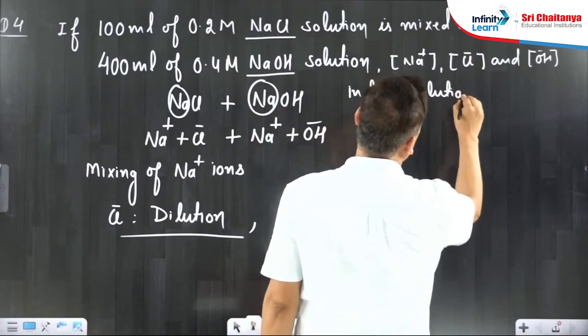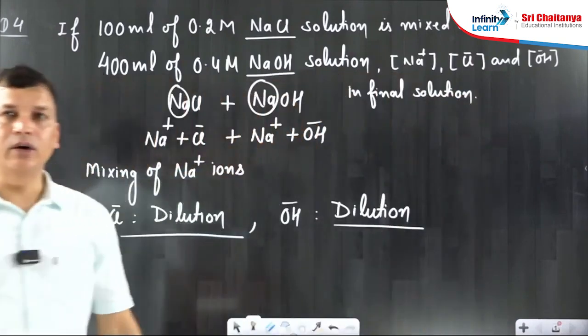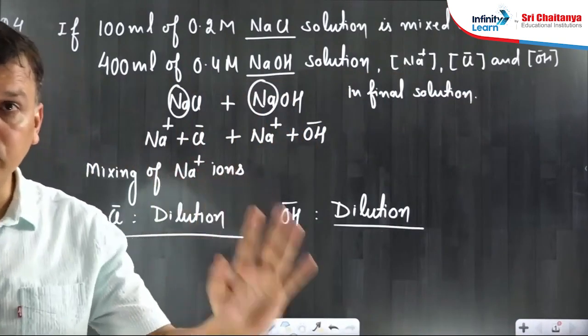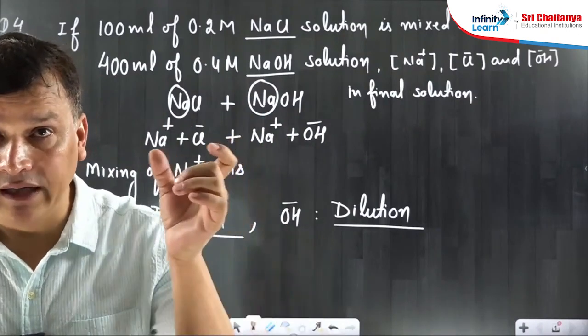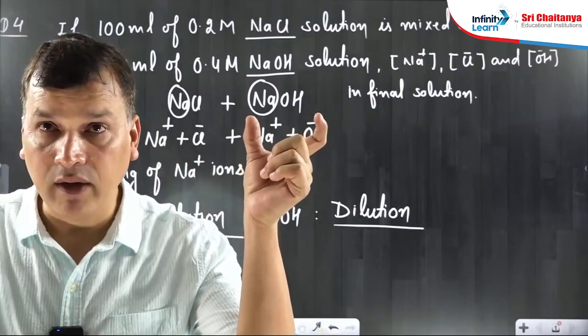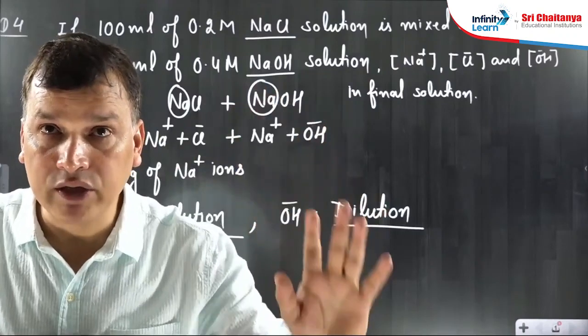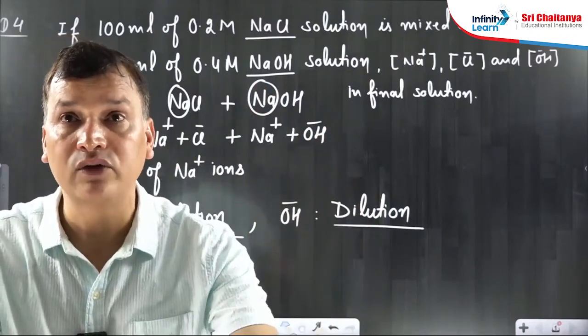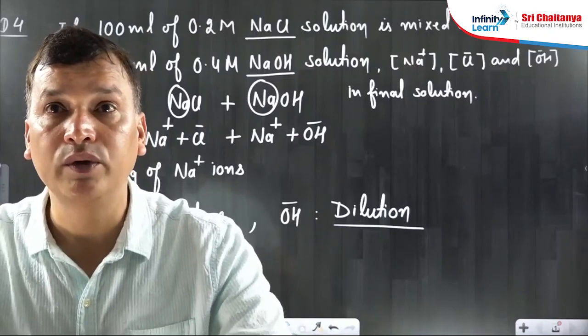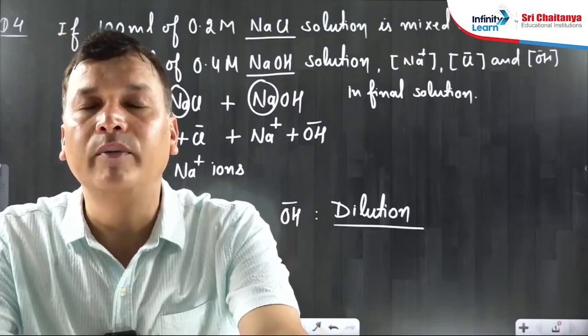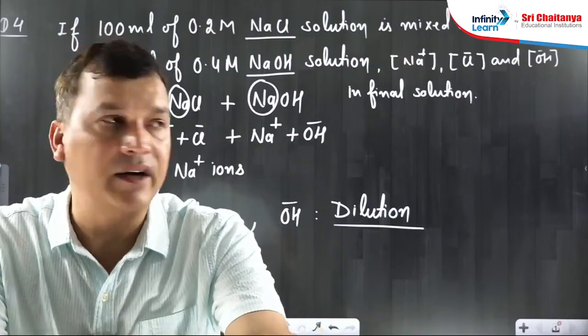Please, dear student, tell me, did you get the question or not? We have two solutions here. One solution is NaCl, the second solution is NaOH. When they are mixed, there will be addition of sodium ion, dilution of chloride ion, and dilution of hydroxide ion.